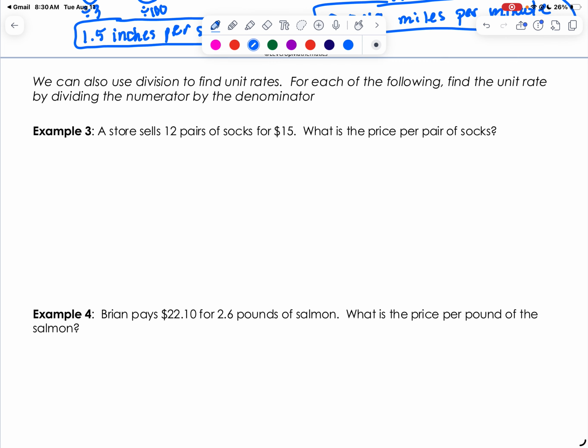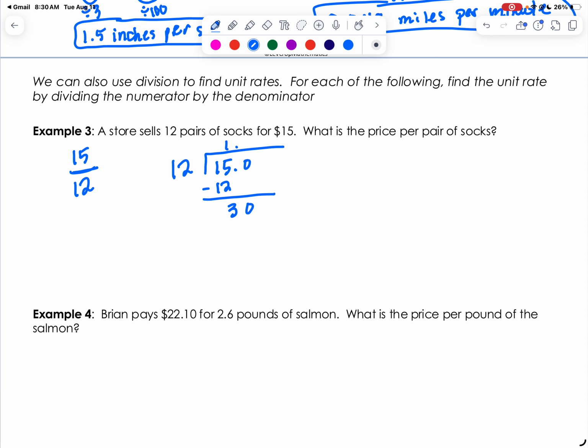A store sells 12 pairs of socks for $15. What is the price per pair of socks? So we're going to take $15 and divide it by 12. So I will use long division here. How many times will 12 go into 15? So 12 goes into 15 one time.